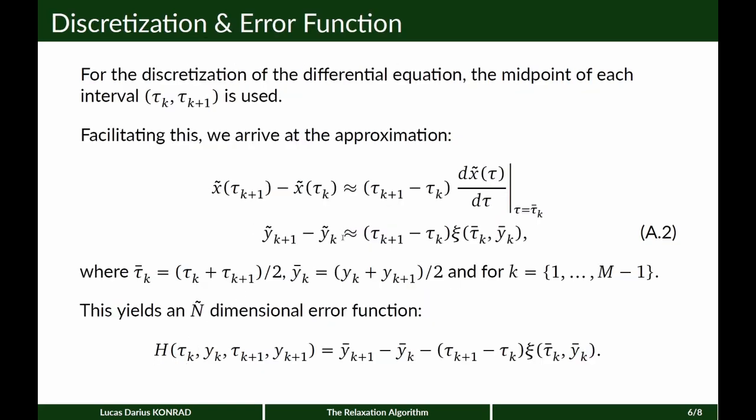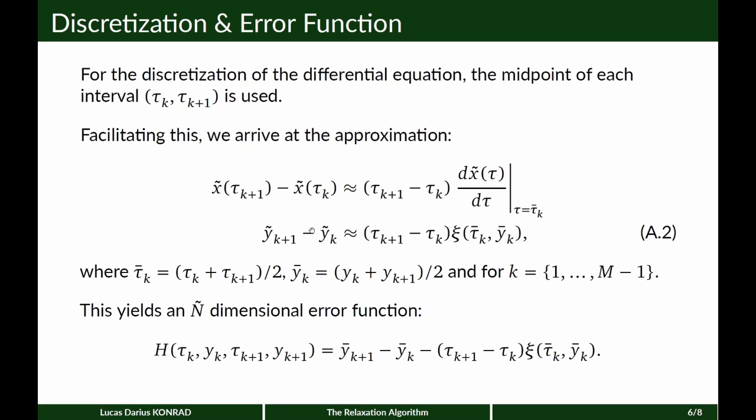So this follows directly, and this psi here is also the derivative with respect to tau, evaluated at the average, the mid time point, and also the mid variable value. So this y bar here is the value of our variable of interest in the middle of the time period.